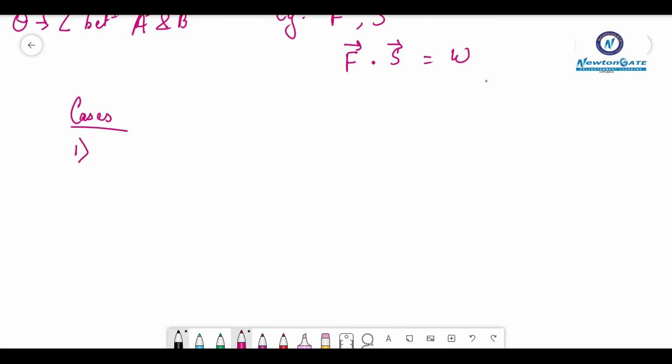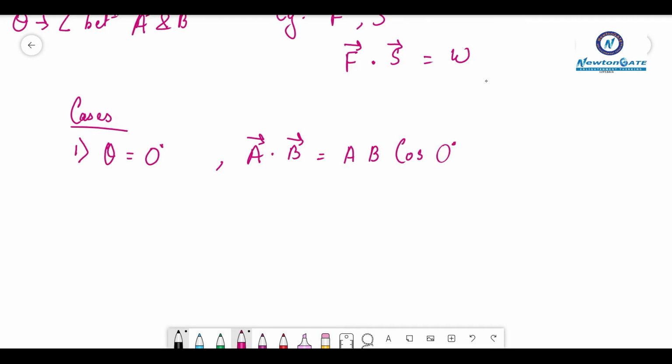So the first case is the value of theta. If theta is equal to 0 degree, so the angle between A and B is 0 degree, then A dot B is equal to magnitude of A, magnitude of B into cos of 0 degree.